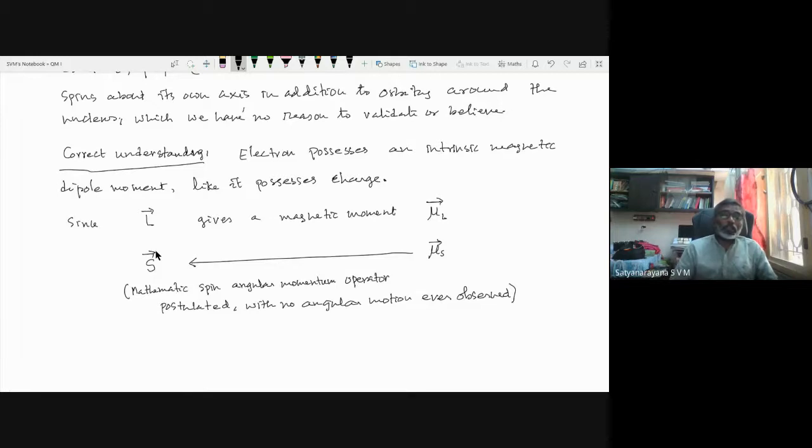Now, what is observable is only how an electron responds to the applied field. So what can be observed is the response of the electron to an applied magnetic field.